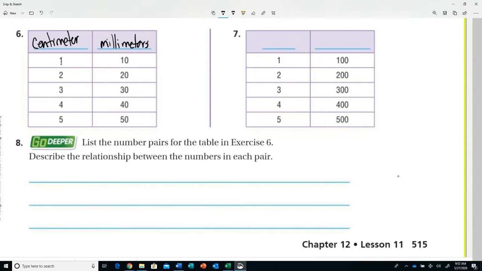So I know 1 centimeter is 10 millimeters. The centimeter is about the length across your little fingernail, and a millimeter is about the size of the point of a pencil. So it takes 10 points of a pencil to cross your little finger, roughly speaking.